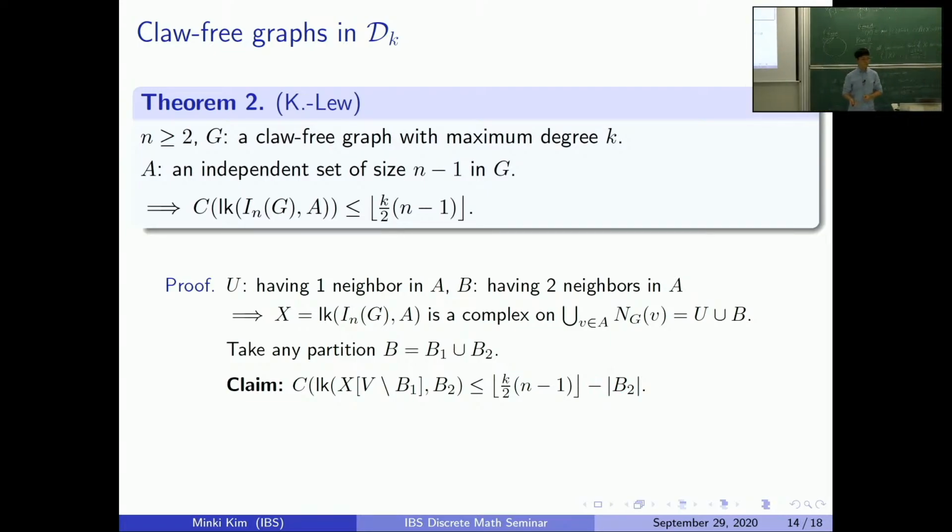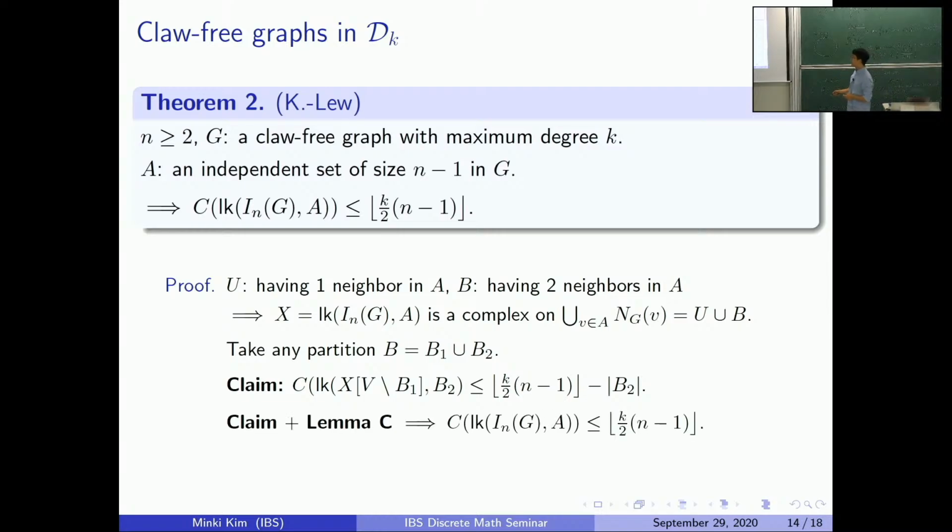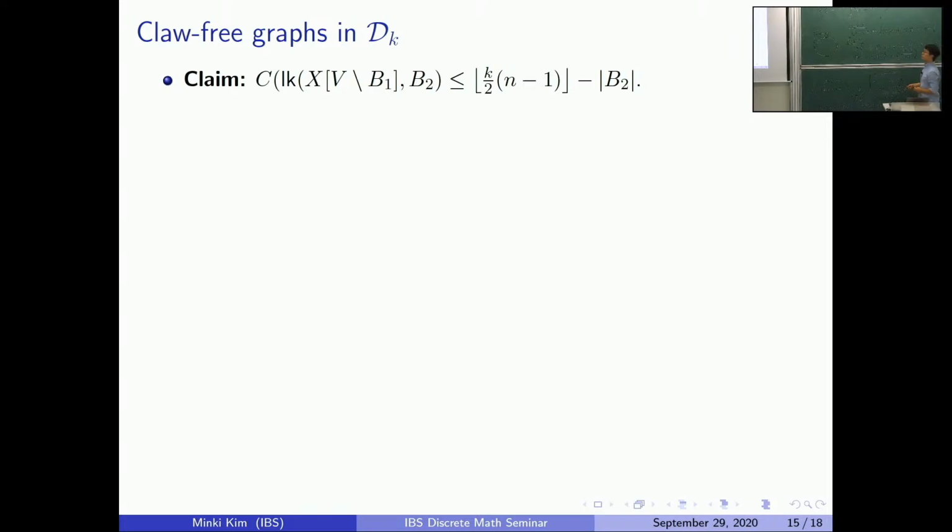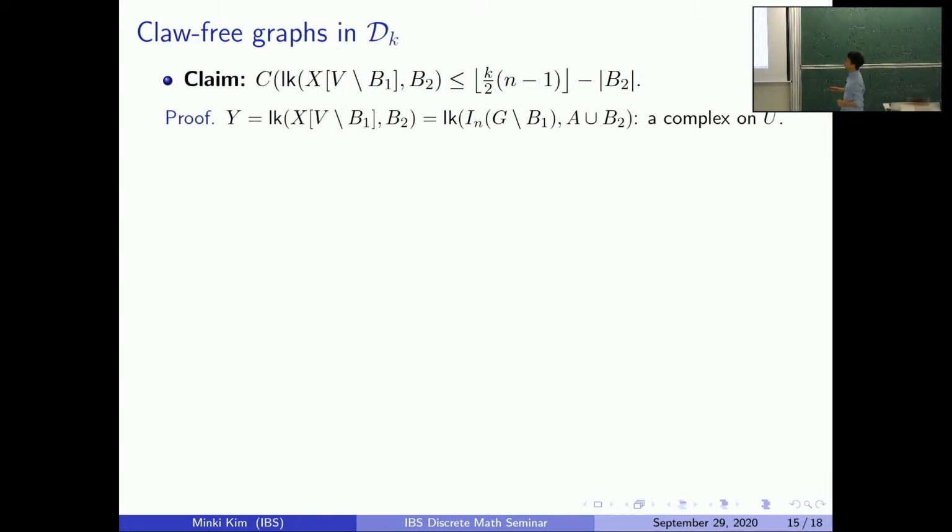This is our claim. And if this is true, by applying lemma C, we can say the link of A in I sub n of G is this number collapsible. So it's enough to show this claim is true.